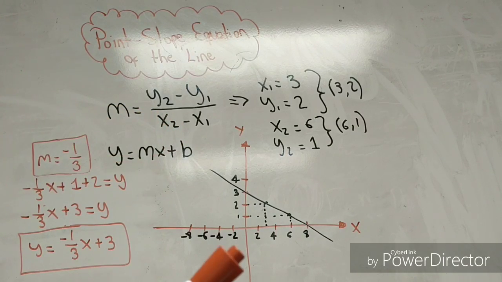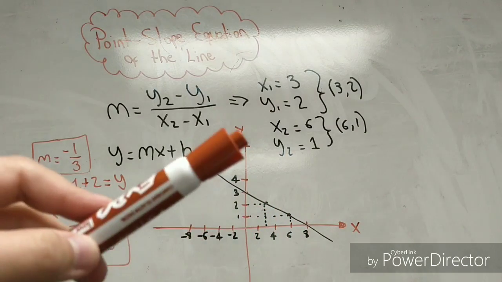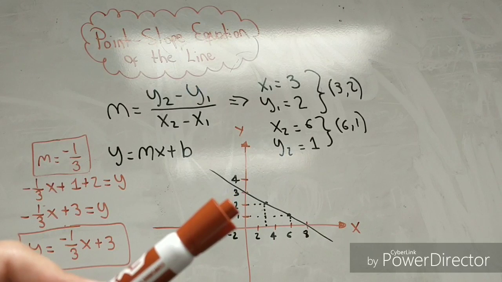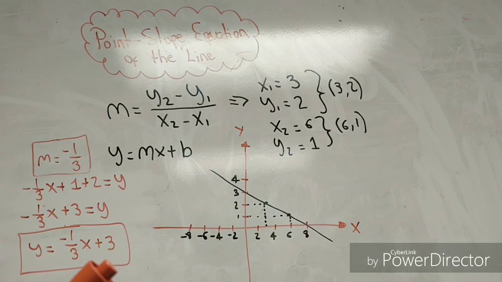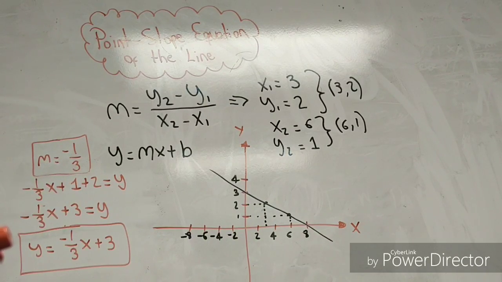So we can see in the graph, in the line that we drew before, that the intersection with the y-axis is 3, which makes sense with the formula. And we knew already that minus 1/3 was our slope. So this would make a lot of sense.